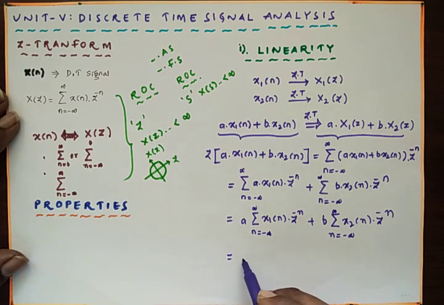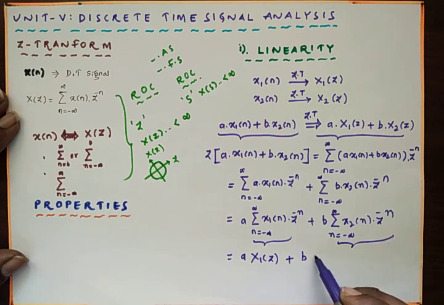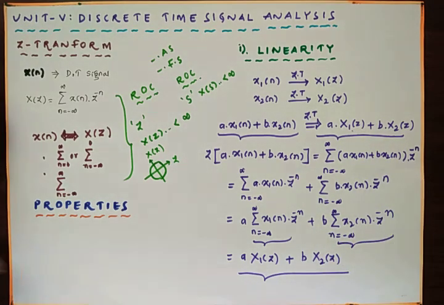So now I can write this part as a times X1 of z plus b times X2 of z. So here what we got is a into X1 of z plus b into X2 of z. This property is called the linearity property.